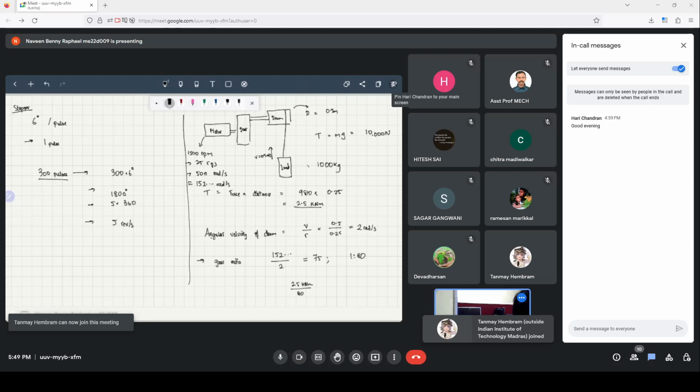The gear can increase the speed while reducing torque, or increase torque while reducing speed. So when you simplify this, the motor we are selecting should have a torque requirement of 35 newton meters. 2500 divided by 80 is approximately 35 newton meter.